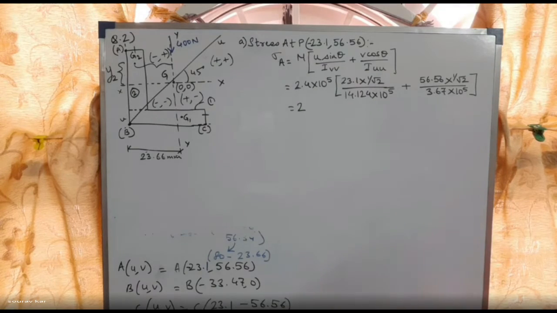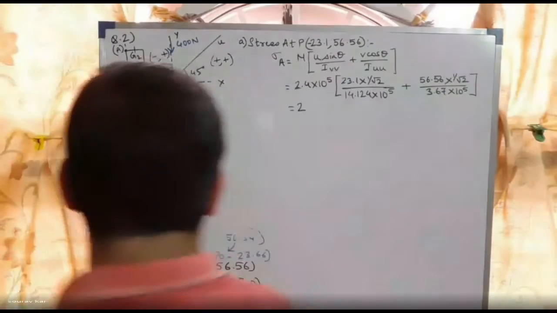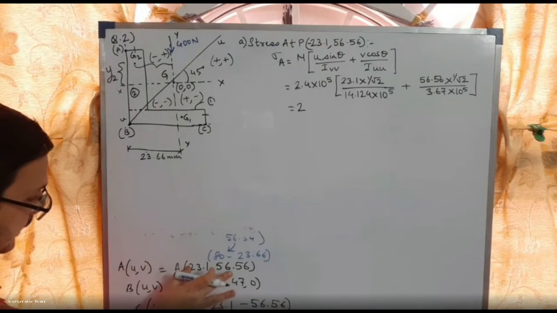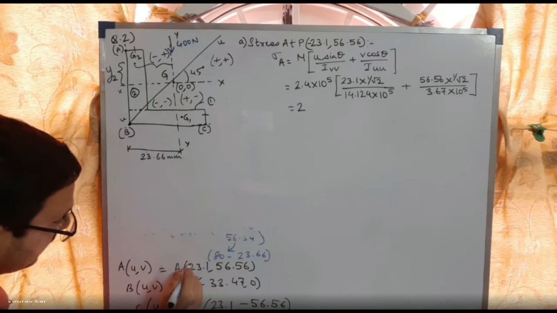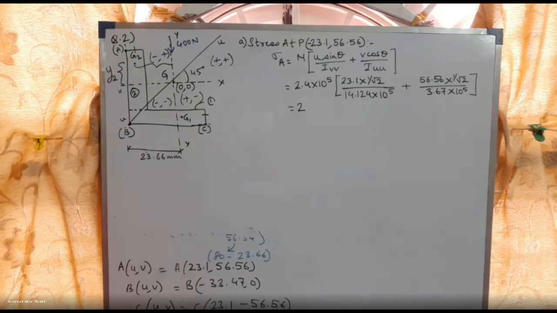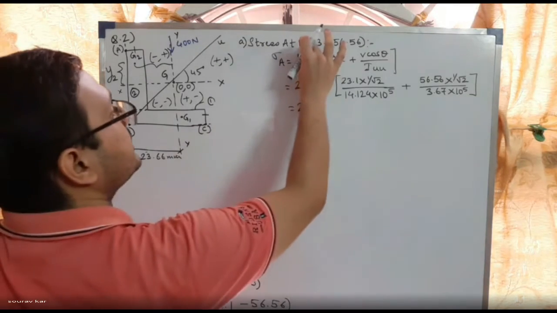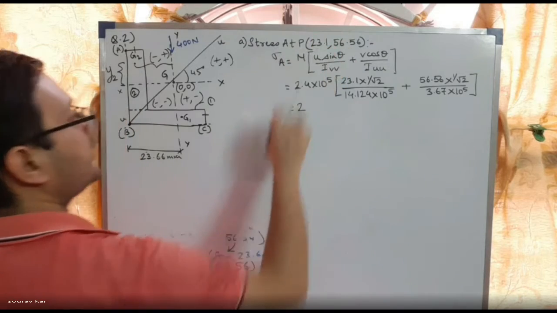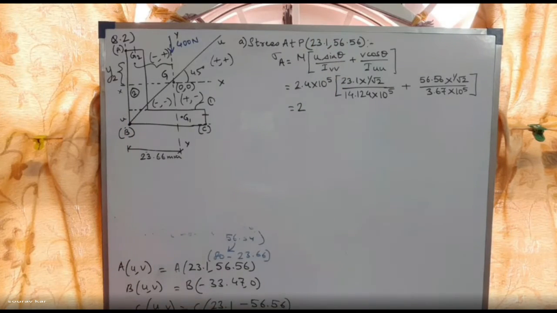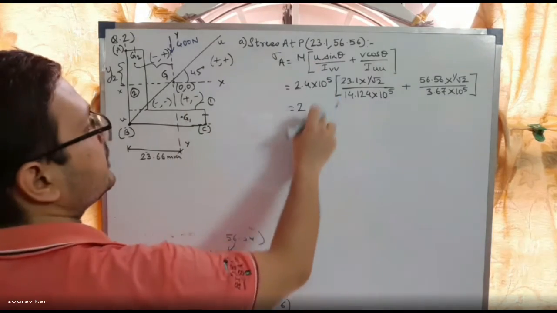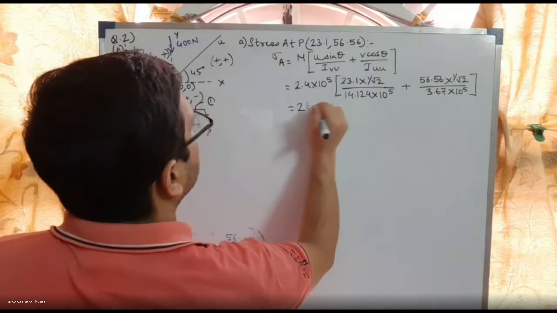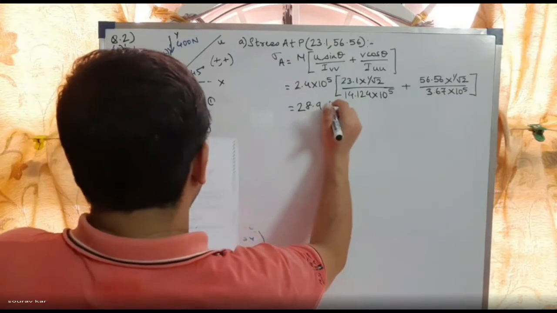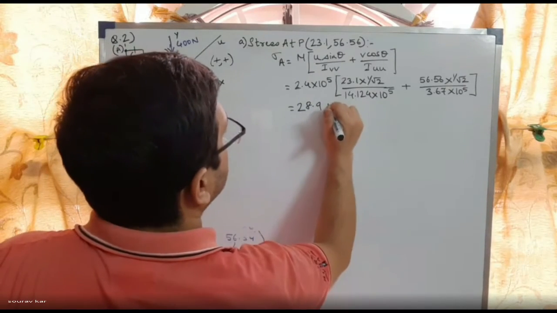No, the coordinate of A is coming 23.1 only. By putting it in the equation, it is coming 23.1 only, not minus. I have just checked, because we have the angle. So it is coming around 28.9, something like this, 28.9 Newton per millimeter square.